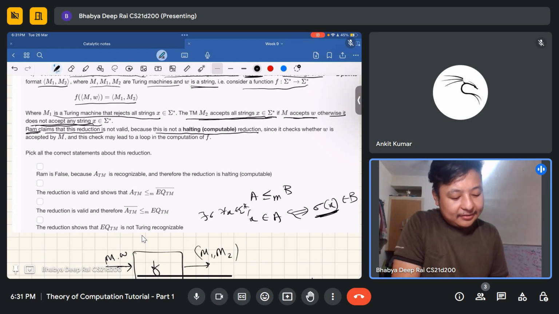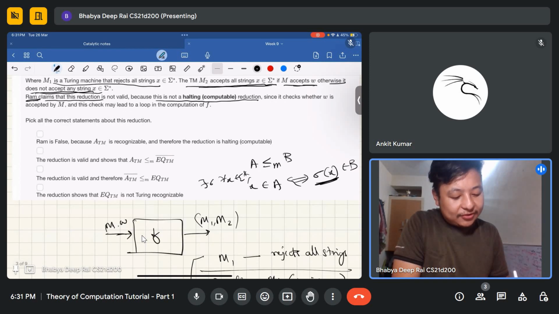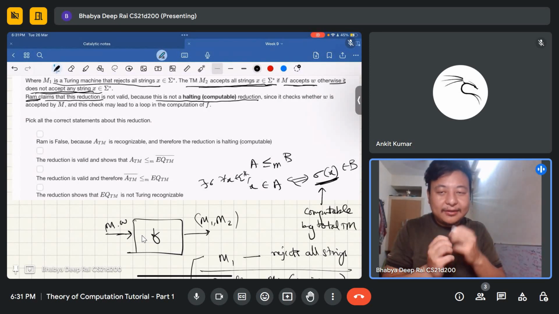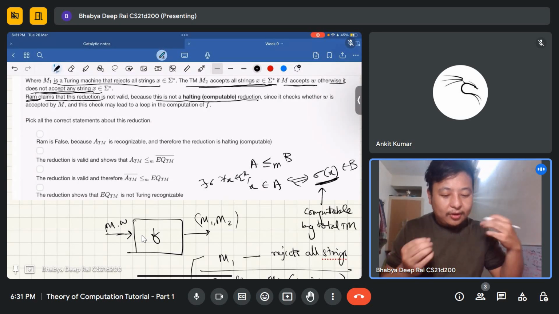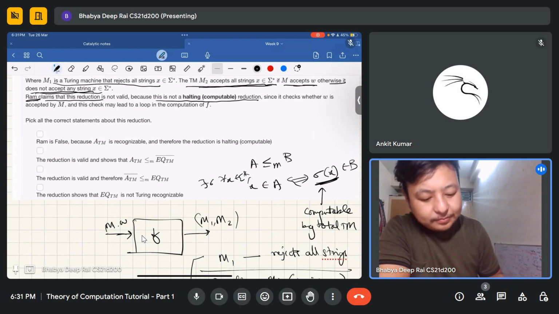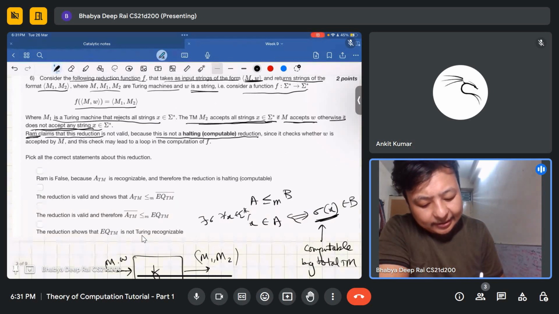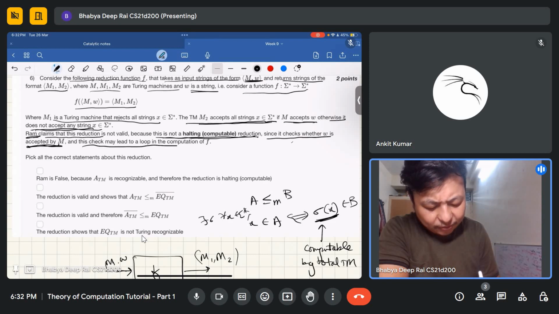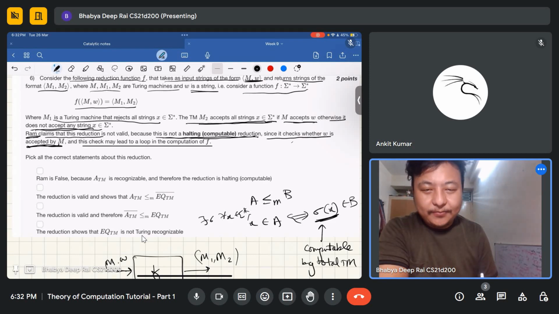And what is sigma? It should be computable by a total Turing machine. The reduction should always halt, given any input. And because this is not a halting computable reduction, since it checks whether w is accepted by M, and this check may lead to a loop in the computation of f.